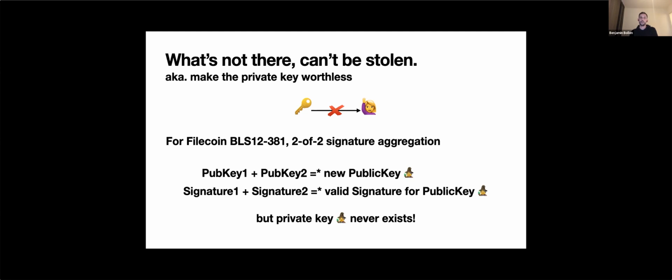A brief word on BLS magic. There are more magic tricks available, but in a simplified way, if you add one public key from Alice to a public key from Bob, you get a new public key which looks just like any of the public keys. There's a little asterisk here because you're doing this addition in a highly non-trivial space of points on the elliptic curve.